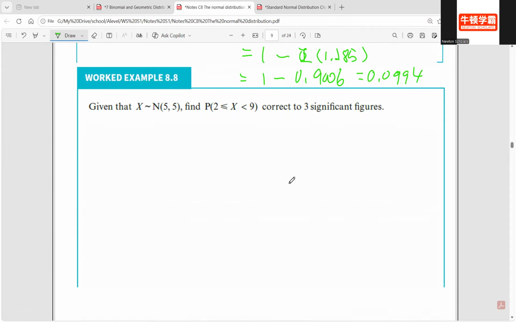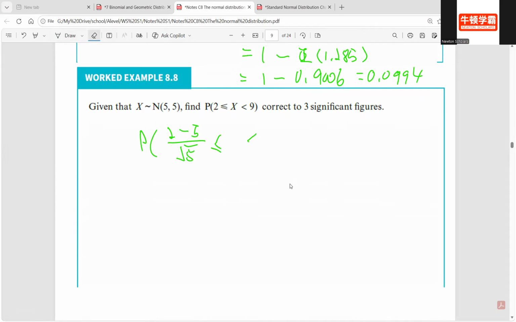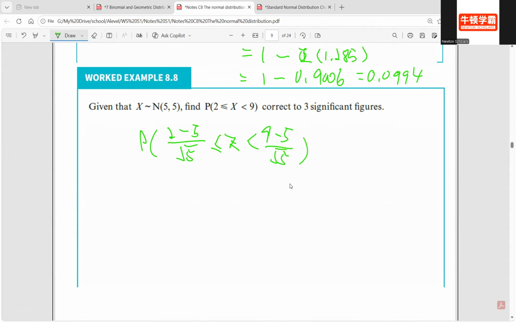Okay, next one. This one, same case. But this one a bit different, you have to change it. So this one is minus 5 over square root 5, sorry, not x, no more x, should be z, z value. Then 9 minus 5 square root 5. Then I press the calculator.